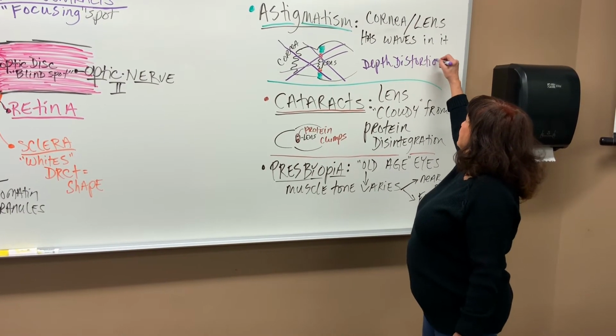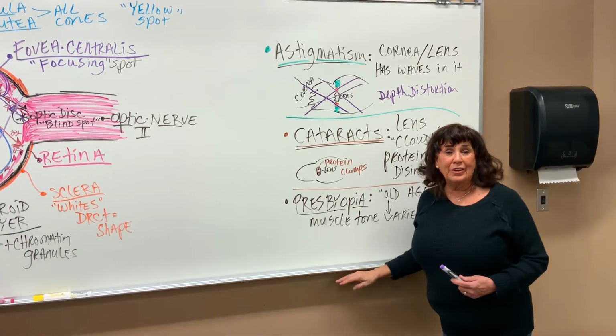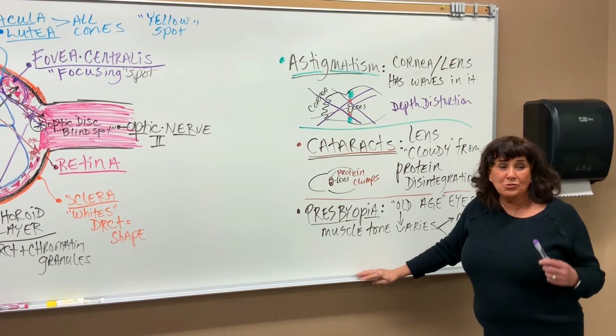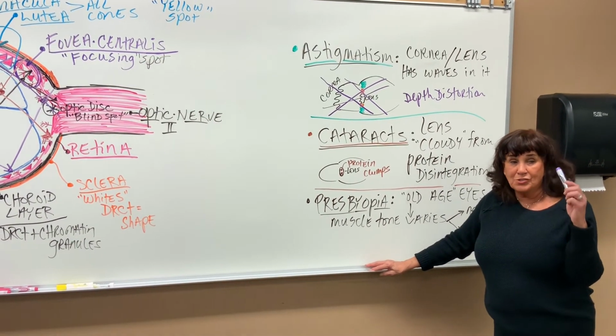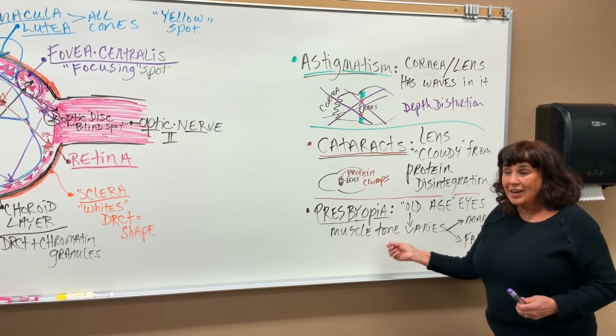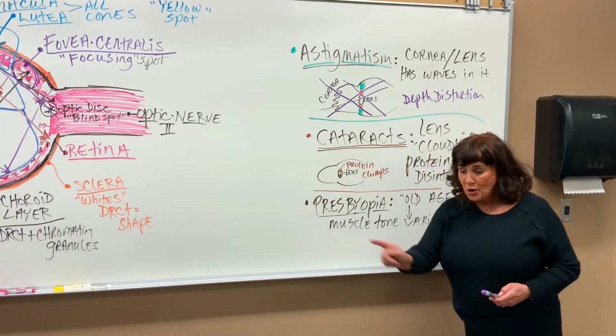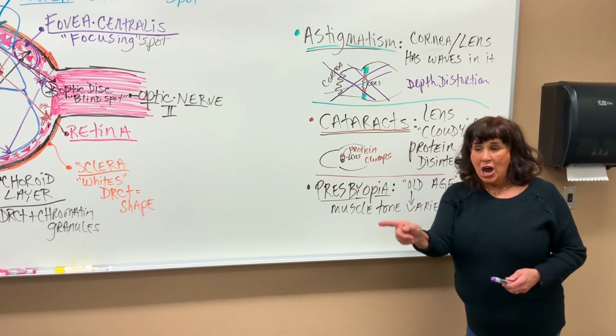I'll give you an example. I play tennis, and I used to be a college tennis player, and I can usually hit that back line really easily, but I have astigmatism, and my contacts are not corrected for it. And so I always think when I hit the ball, it's hitting perfectly on that back line, and then my friends call it out. I don't think it's out.